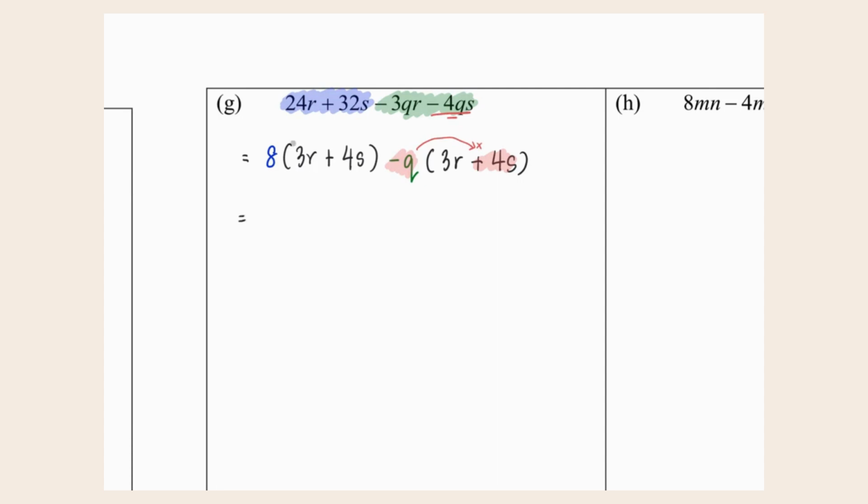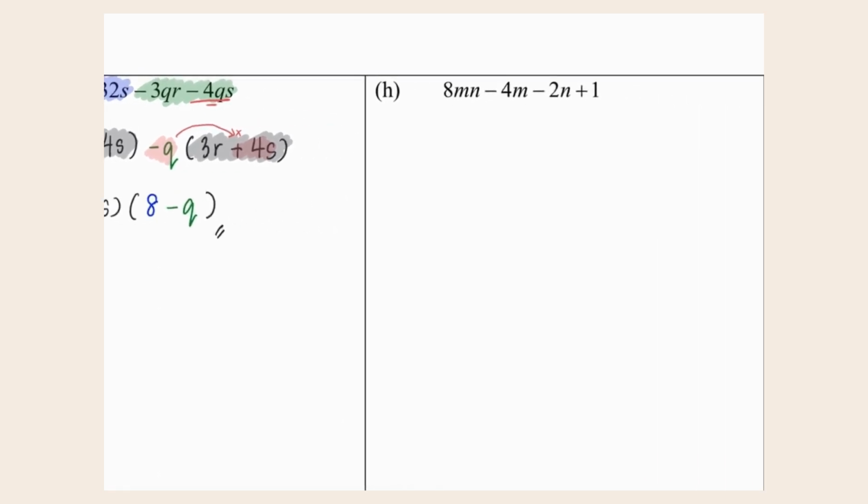And from here, we can then see that 3r plus 4s is the common factor. I'm left with 8 minus q. Okay, so the key thing is we must extract out the highest common factor.